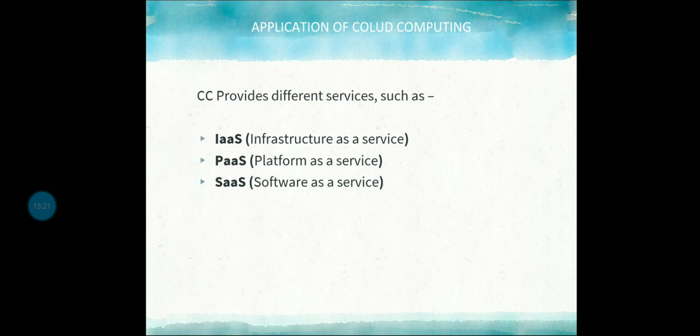Second is Platform as a Service. Platform as a Service, PaaS, is considered the most complex of the three layers of cloud based computing. PaaS shares some similarities with Software as a Service, the third one. PaaS we can say, then SaaS we can say, okay, this is very simple for us to pronounce.